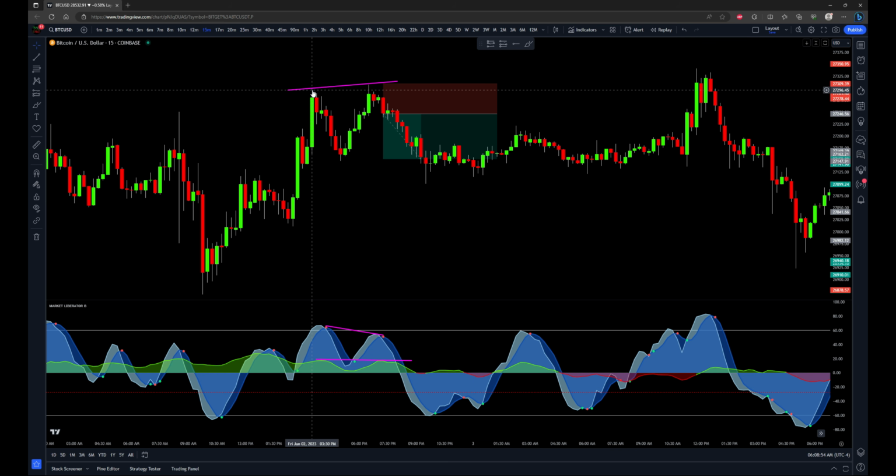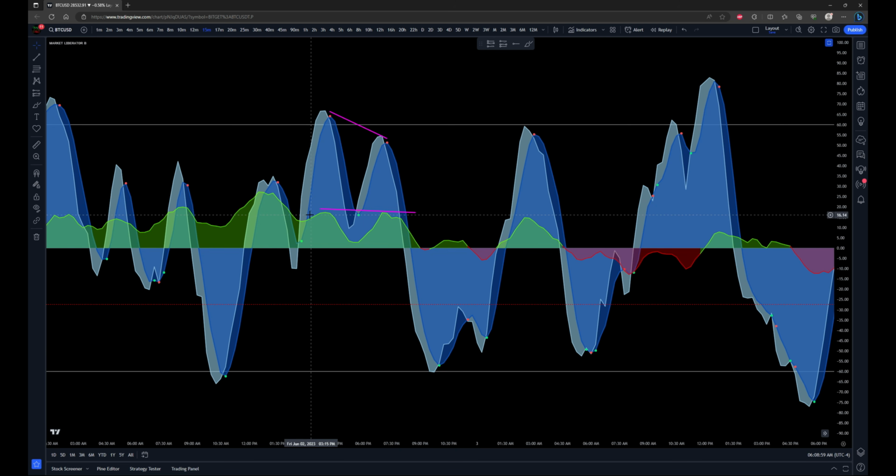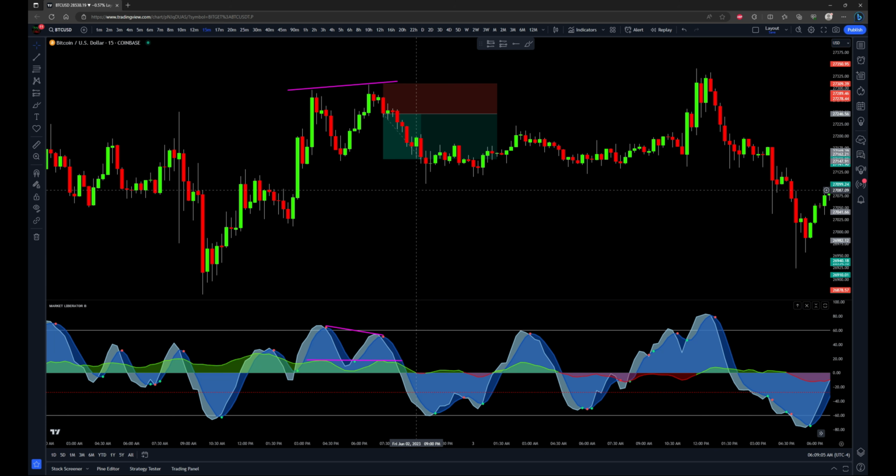So price makes higher high, but at the same time, we get green wave making a lower high. So we can see that here, lower highs on green waves, and that is confirmed. So once we have that, we're looking for a lower high cross down on our blue waves, okay? So we get that right here, lower high cross down on the blue waves. That's our entry signal, okay?